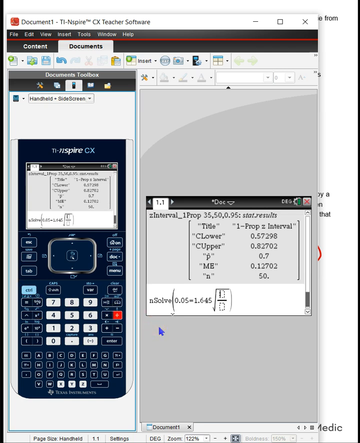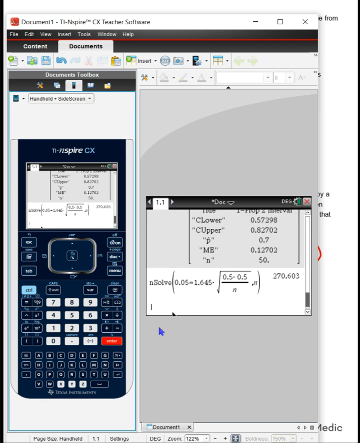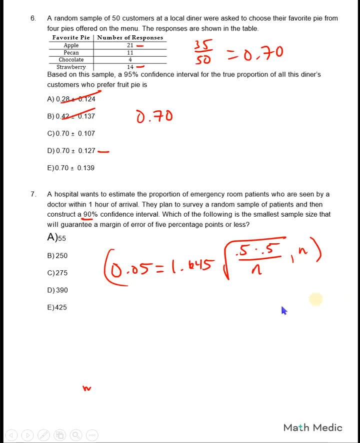If you know it off the top, you can do 0.25 on the top, because that is what 0.5 times 0.5 is, over n, comma, n. So it says at least 271. Let's see what our choices are. So 275. Oftentimes on these, they don't ask you for the exact number, but which of these would do it, and it would have to go up instead of down. Okay, there you go.